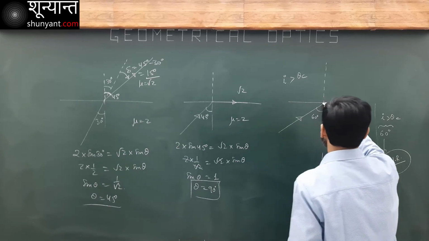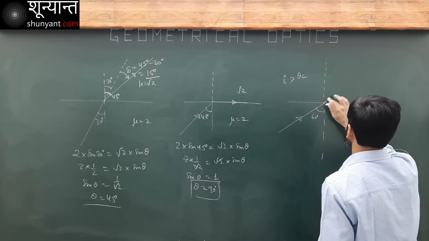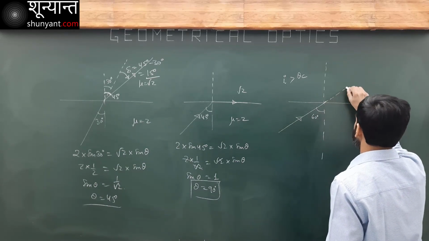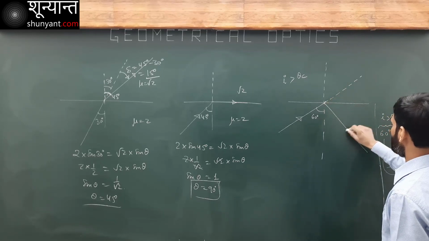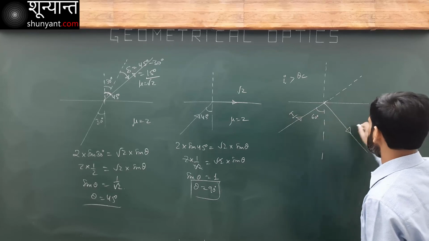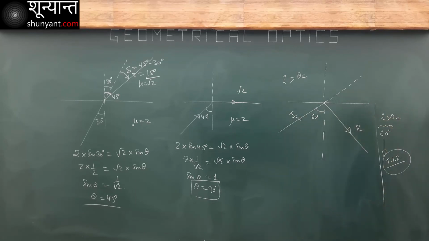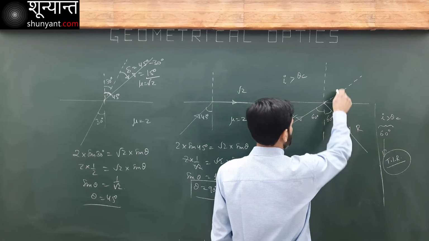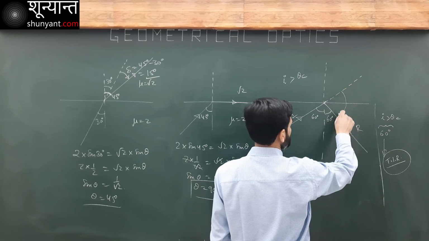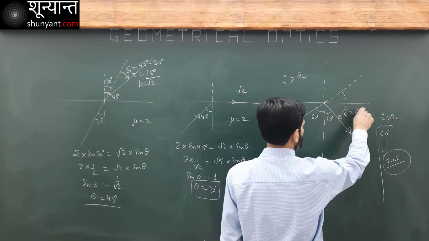So it is not going to follow Snell's law. It is not going to enter the other medium. It is going to be reflected. It will reflect like this: incident light, and this will be reflected light. It will follow the laws of reflection. This is 60 degrees, this is the original direction. What will be the deviation? This delta is 60 degrees.